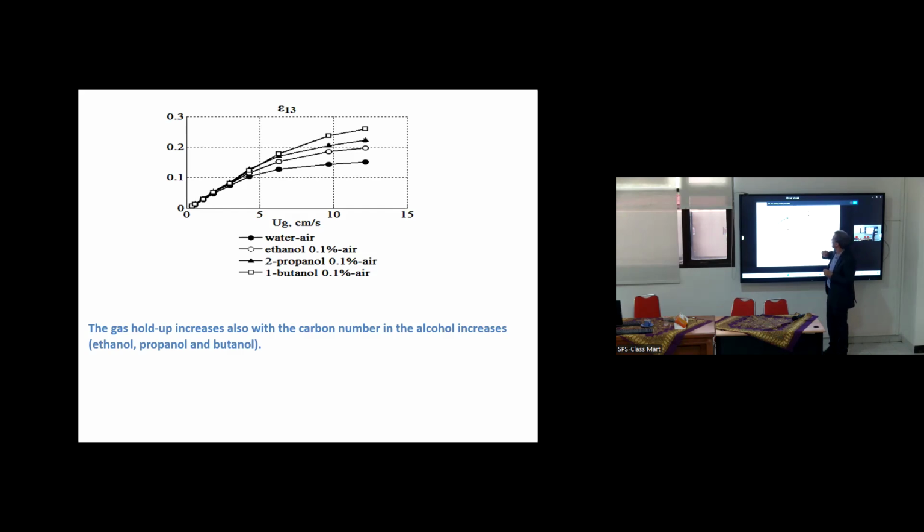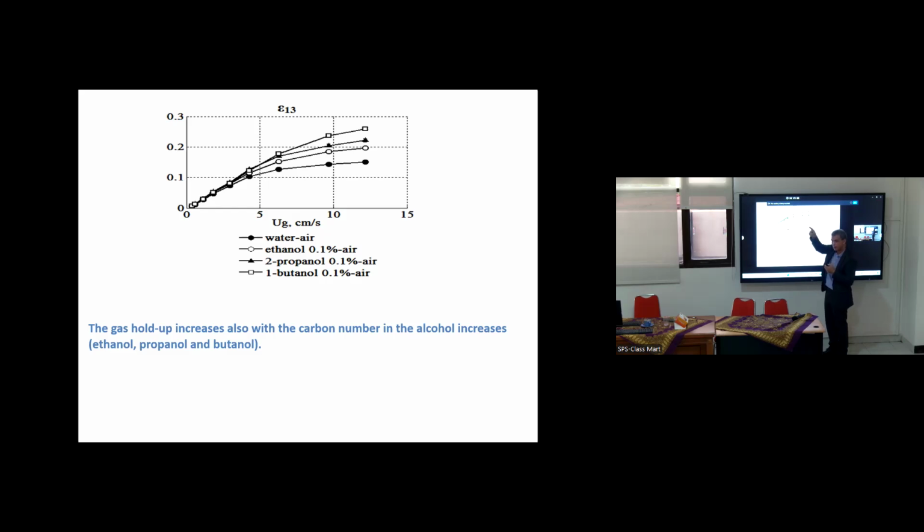When I put in a small amount of ethanol, the gas increases, the number of bubbles increases. When I put propanol, it increases. So a small amount of alcohol has an effect depending on the number of carbons: propanol has 3, and ethanol has 2.